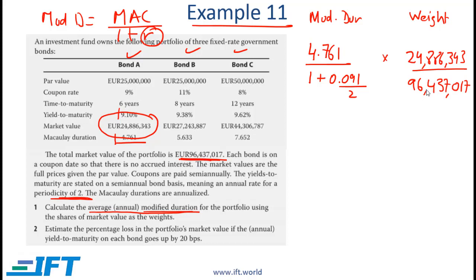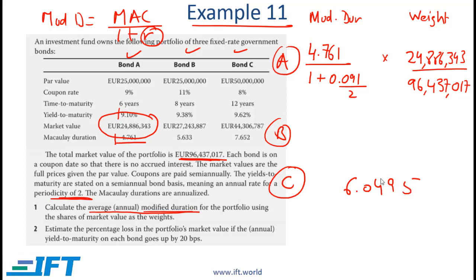You need to do the same for bonds B and C. This is bond A. And then add the three numbers. What you should then get is 6.0495. This is the modified duration of the overall portfolio.